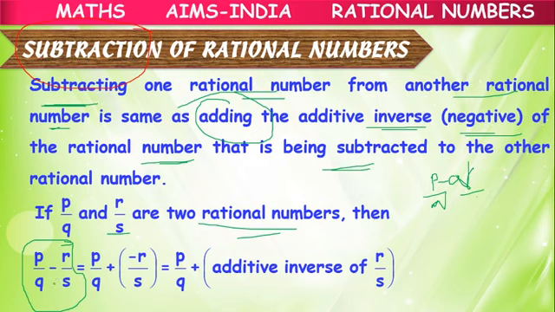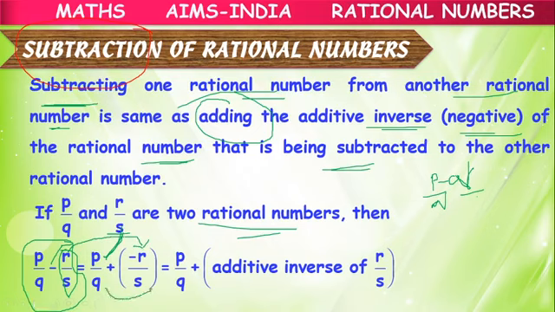But this can be written as addition. This can be written as addition because here we are having subtraction. But addition of what? Whatever rational number we are subtracting, for that rational number we can take the additive inverse, then it can be written as addition.